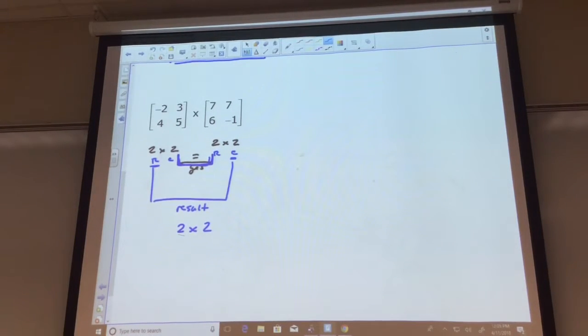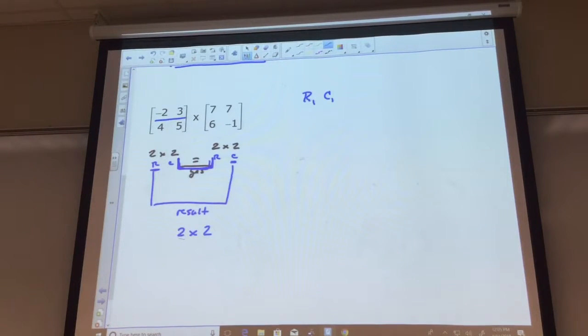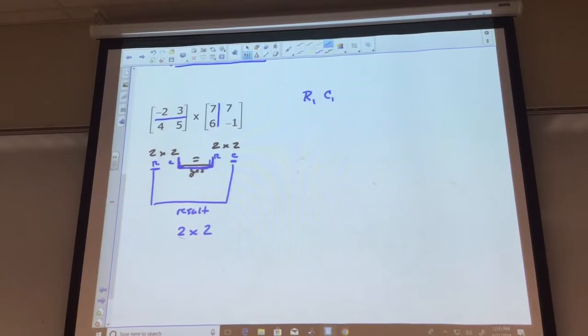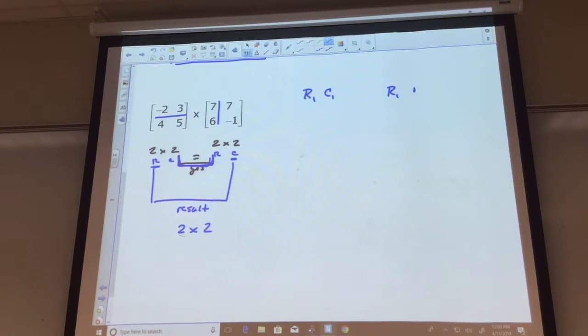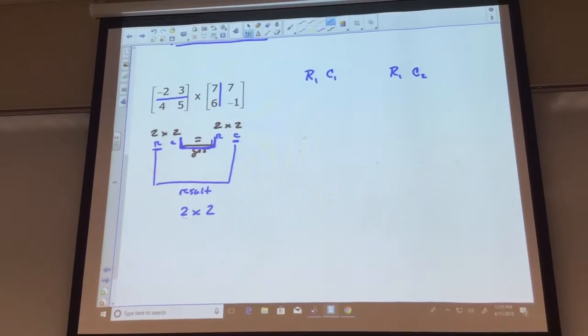So you're going to end up multiplying several rows by several columns. Row 1 has got to be multiplied by column 1. Row 1 has to be multiplied by column 2. And then you're done using row 1.